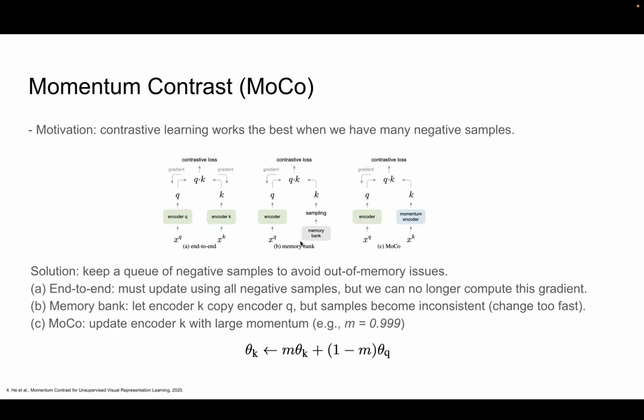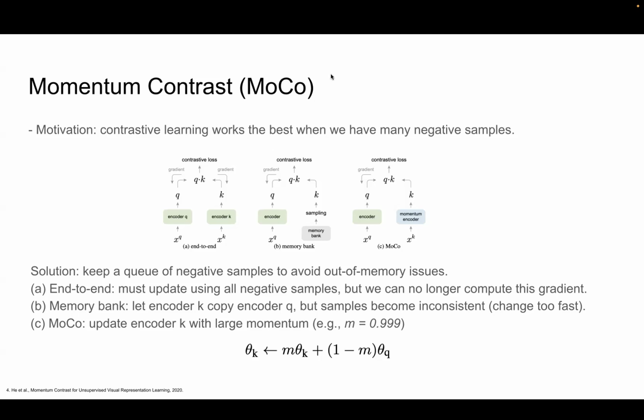Because both share the same set of weights, we no longer need to backpropagate the gradient into the encoder for those positive and negative images. However, one issue with this approach is that across the different batches, the encoder will update over time, and the samples can be very inconsistent from batch to batch. This will cause an issue.